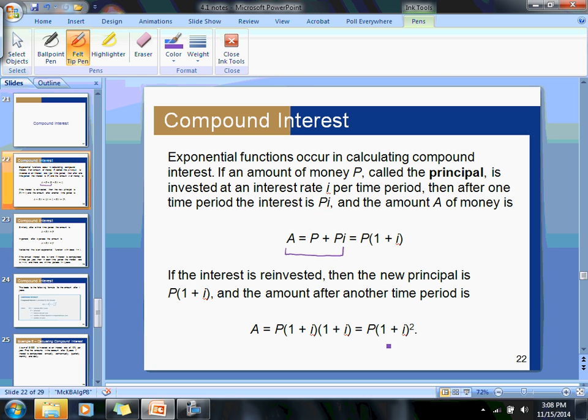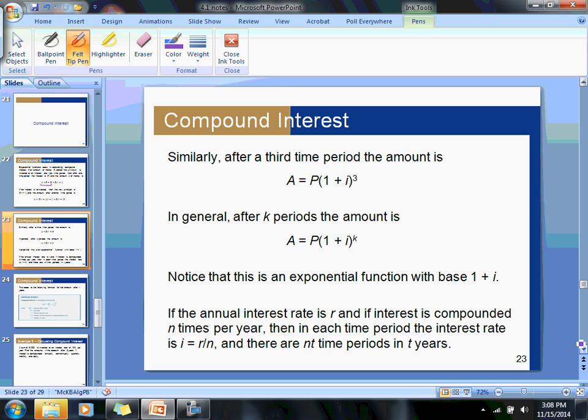Okay, so when that happens, then they're going to square your 1 plus your interest rate and then multiply that by your principal. Okay? And if it's compounded 3 times, then you cube it. If it's compounded 4 times, you'd raise it to the fourth power, etc. So instead of just having a number there, we put a variable. We put k, and that's the number of periods, or the number of times that that gets compounded.